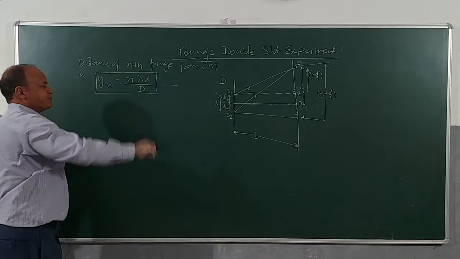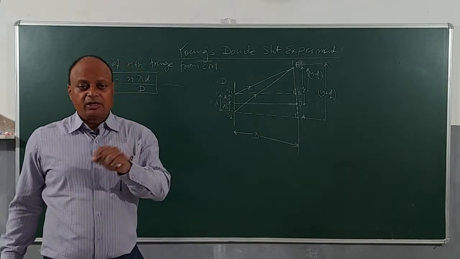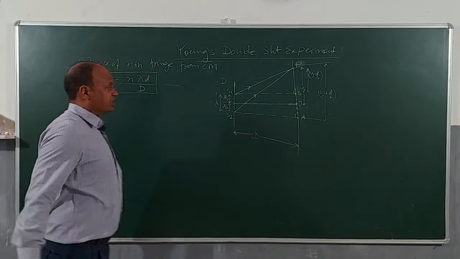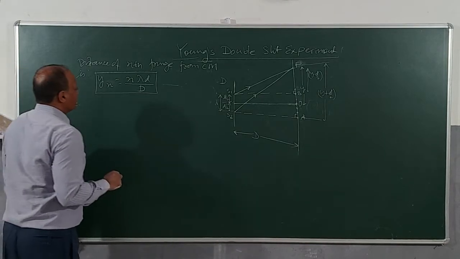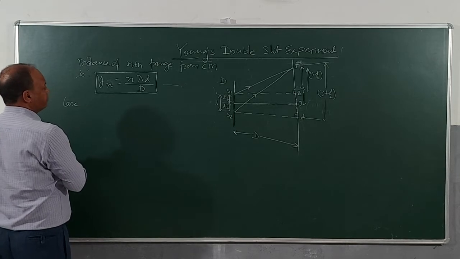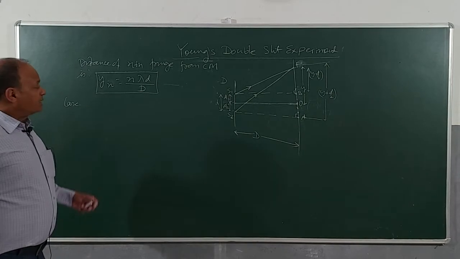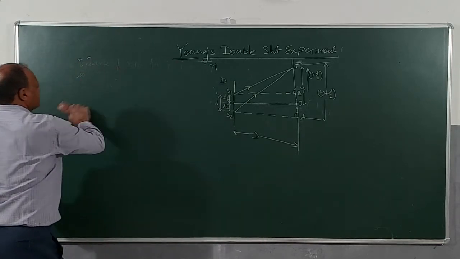Now there are two cases possible, children. Case 1 is it is nth maxima, or case 2 it is nth minima. But before you go to this, let us discuss what we derived. Directly we will not go to this result.